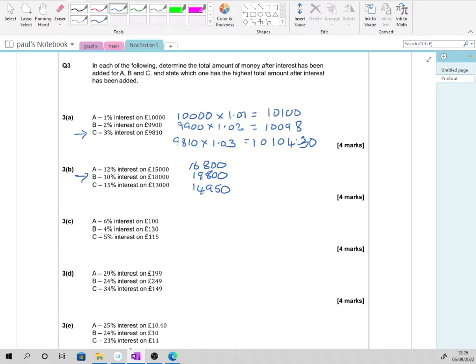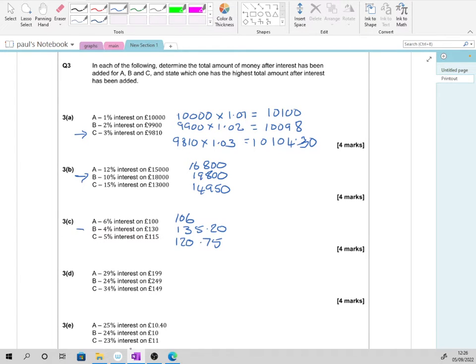100 times 1.06 is 106. 130 times 1.04 is 135.20, and 115 times 1.05 is 120.75.